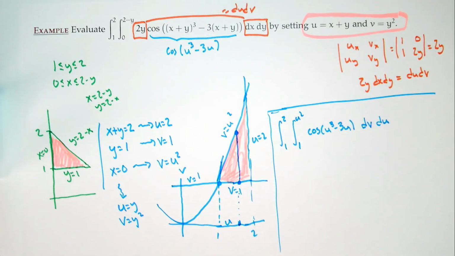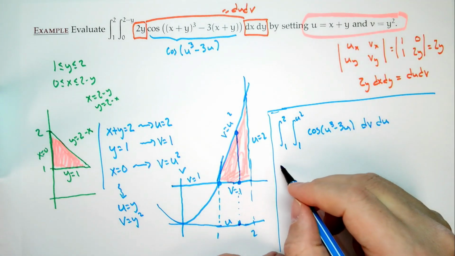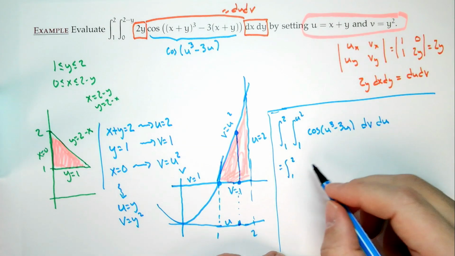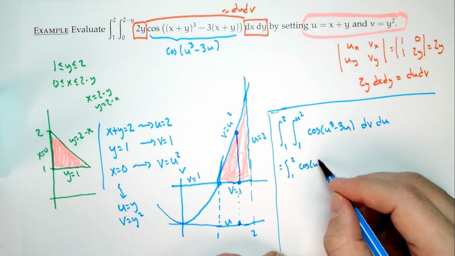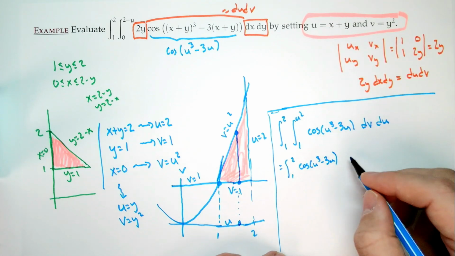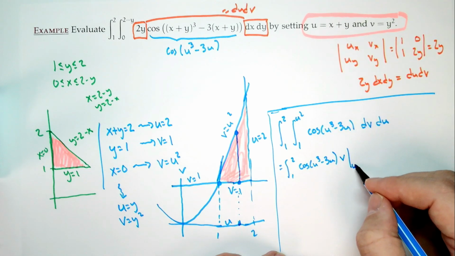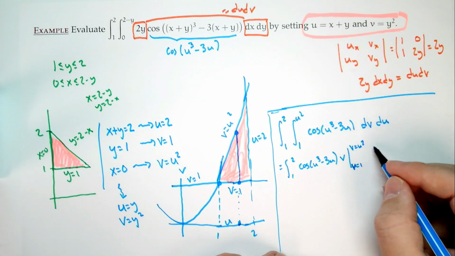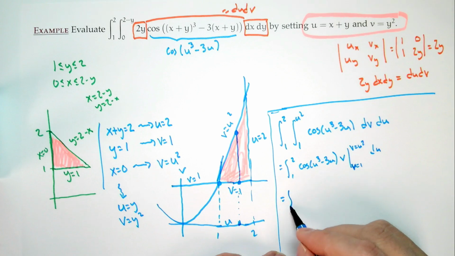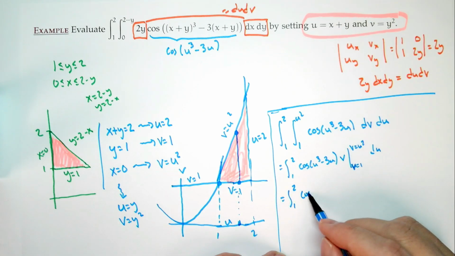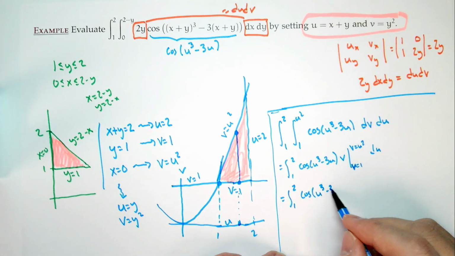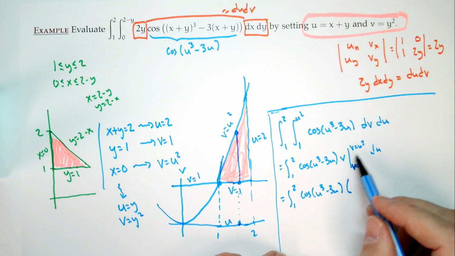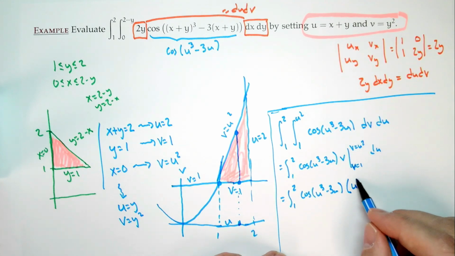Okay. So we integrate 1 to 2, then we get cosine of u cubed minus 3u times v, evaluated from v equals 1 to v equals u squared. So that's the integral from 1 to 2 of cosine of u cubed minus 3u times, well, plug in, u squared minus 1.